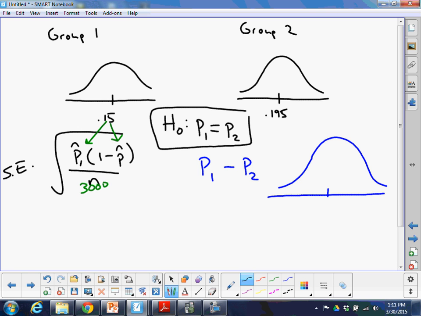If we assume that's true, we would assume that the center would be at 0 here. Now our samples had a difference of 0.15 minus 0.195. This is the difference from sample to sample, and that was negative 0.045. So that's over here somewhere.